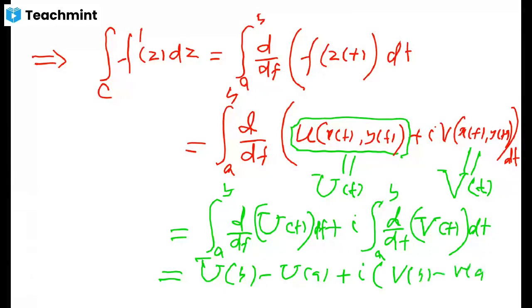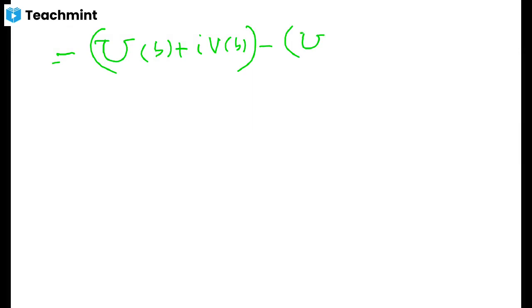But if you look at this, what are these U and V? It equals U of b plus i times V of b, minus U of a plus i times V of a.